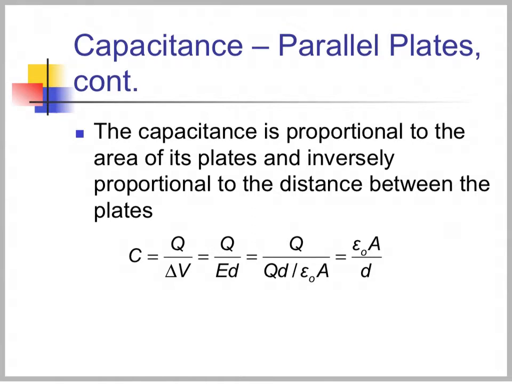And we know what the electric field is for a parallel plate, and that's Q over epsilon A. Solving, we get the capacitance is epsilon A over d. Notice that the capacitance only depends on the geometry of the plates, how much area they have and how far apart they are, not on the voltage or the charge or anything else. It's purely a geometric function.